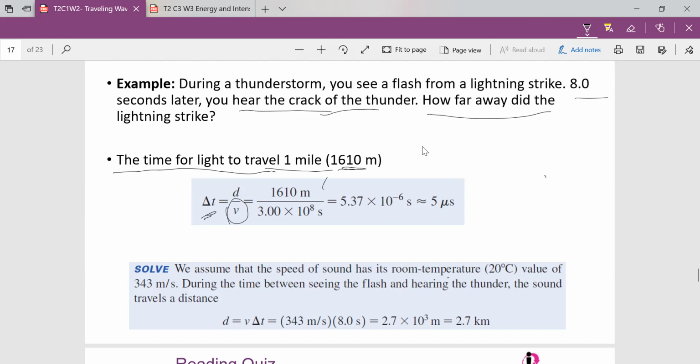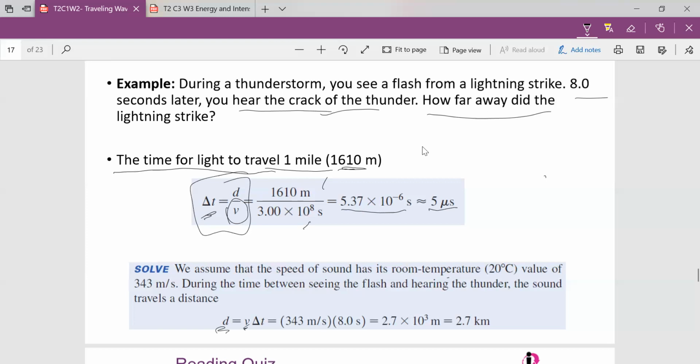So the distance in meters over the speed of light will give us the time, and this is actually 5 microseconds, right? So since we know the time in microseconds, we proceed to solve the problem of the distance, how far, which is making D the subject of the formula from this equation as well.